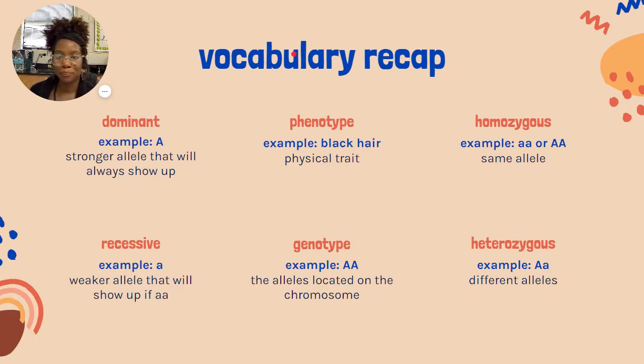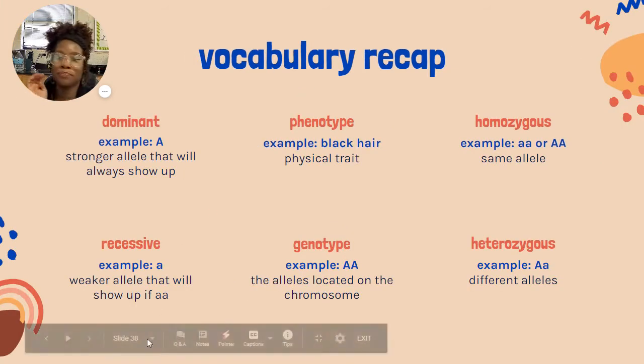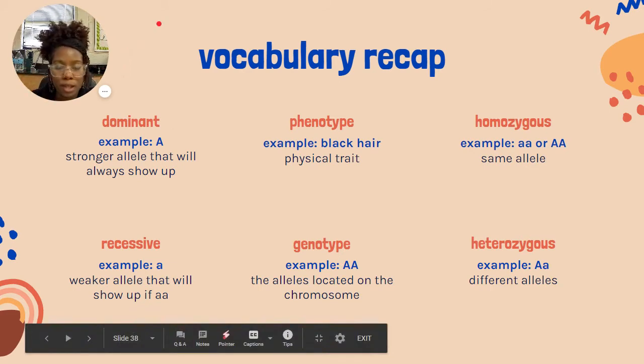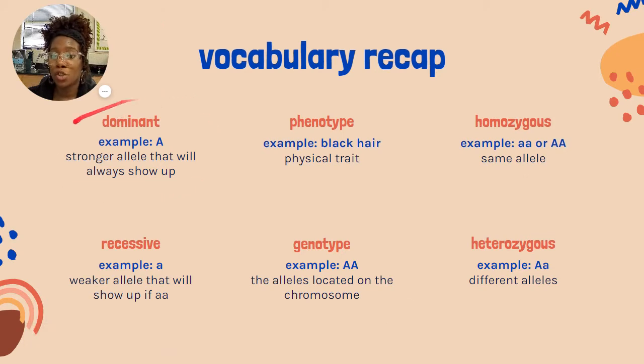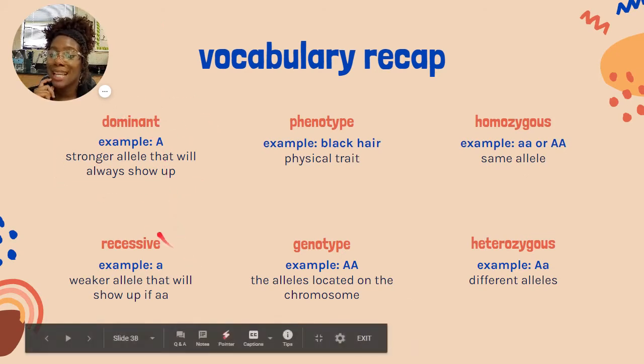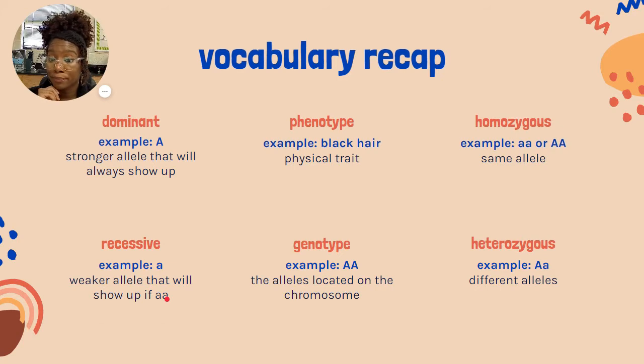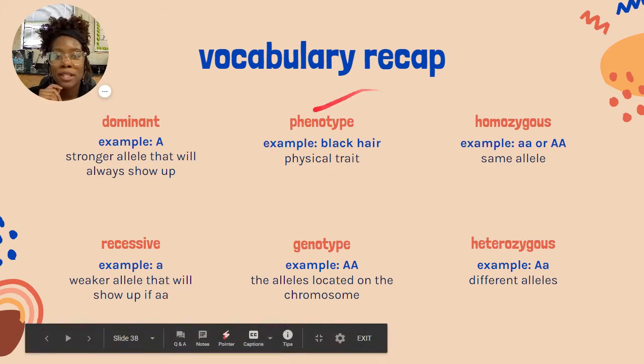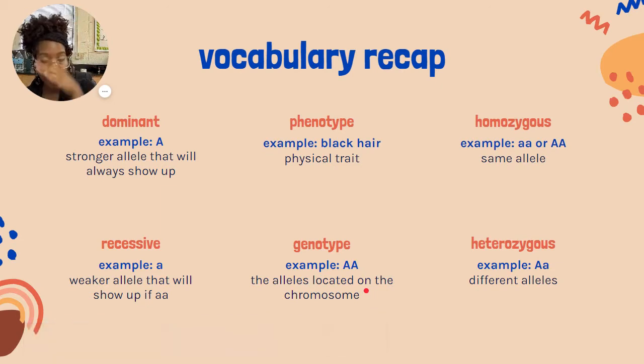So this is a recap of the vocab, so it's all in one place. Let's try and organize it fully in our heads. So a dominant allele is a stronger allele that will always show up, represented by a capital letter. A recessive allele is the weaker allele that will only show up if they are both small, if they're both recessive. Phenotype is the physical trait, for example, black hair. Genotype is the actual alleles that are located on the different chromosomes, so one from mom and one from dad.